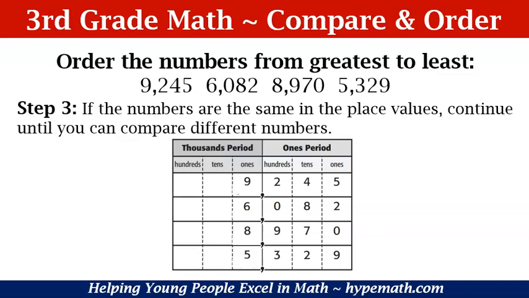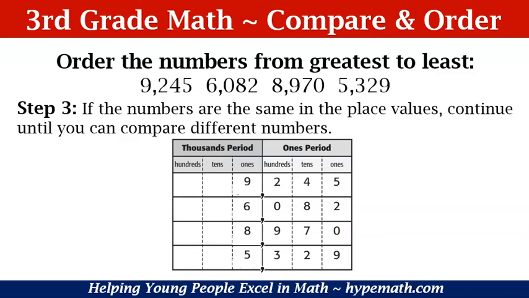So we can actually just start with step 2 because looking at our numbers in the thousands place, all of our numbers are different. We have a 9, we have a 6, we have an 8, and we have a 5.